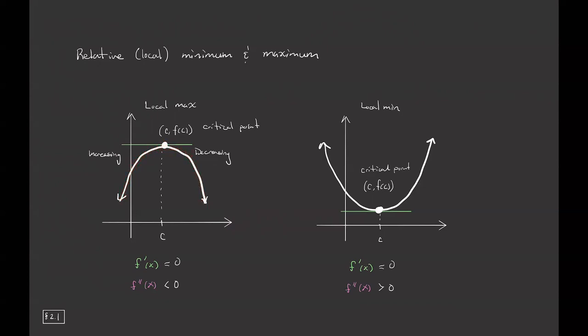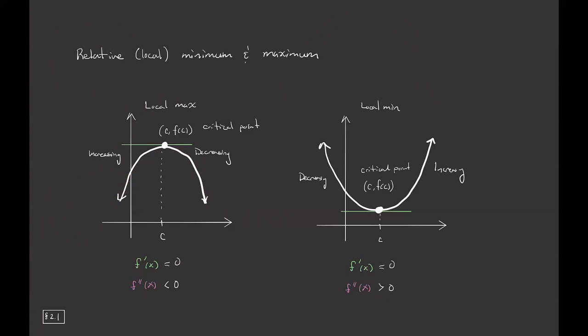Being honest, I really tend to think of it like standing on top of a hill. There could be other hills around or mountains, but while you're on that hill, it is still nice. You can still get a better view and that sort of thing. And the reverse of this, where instead of increasing on one side and decreasing, if we go decreasing on the left and then increasing on the right, then we get a local minimum.